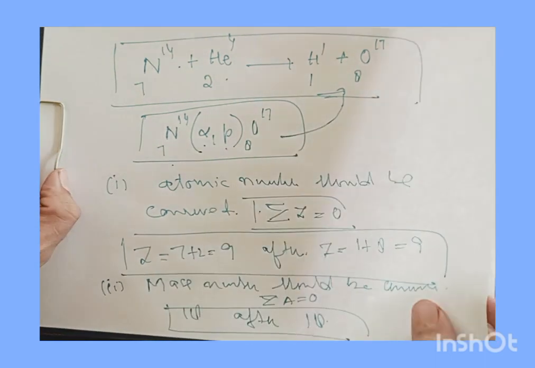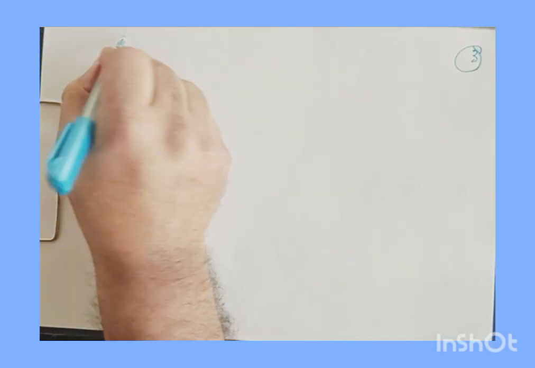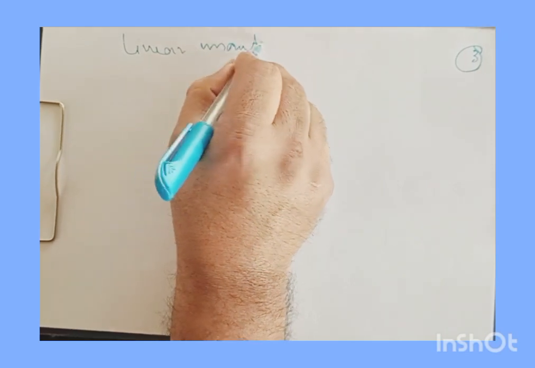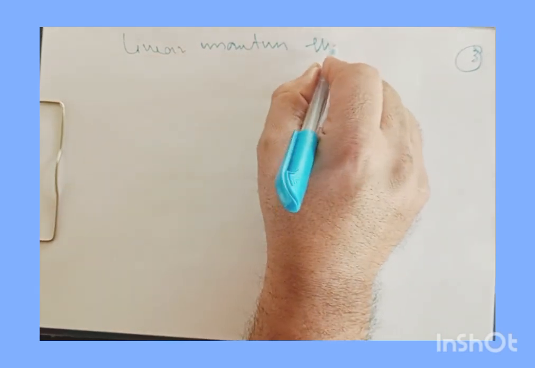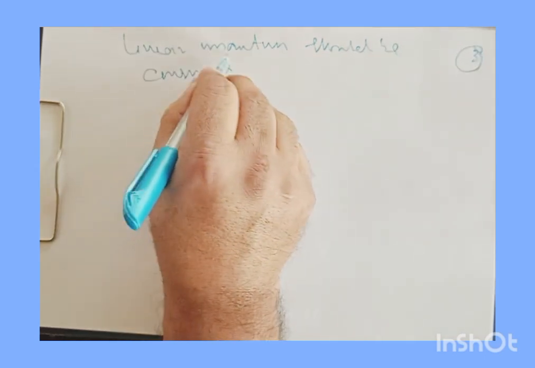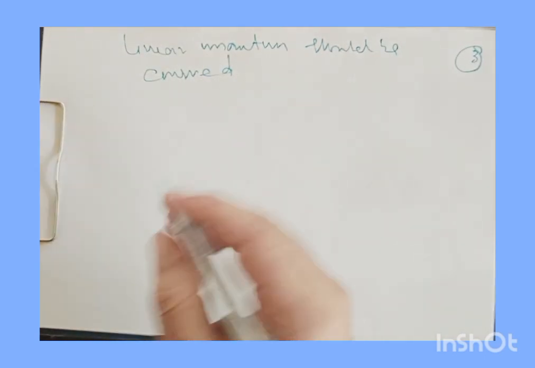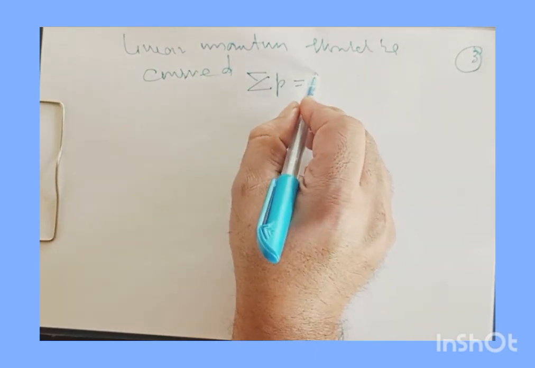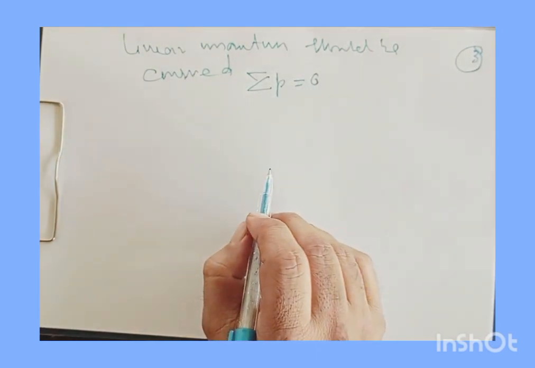Now, the next important point is that linear momentum should be conserved. What does that mean? That means sigma p must be equal to zero for the overall reaction.